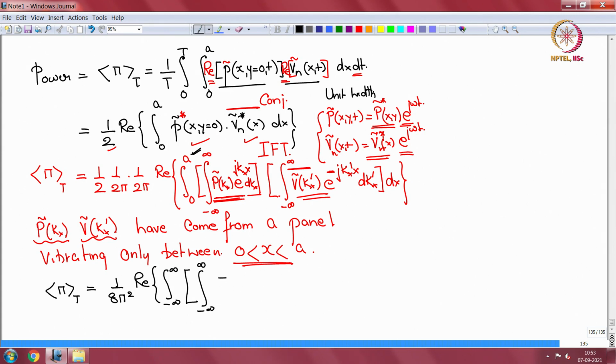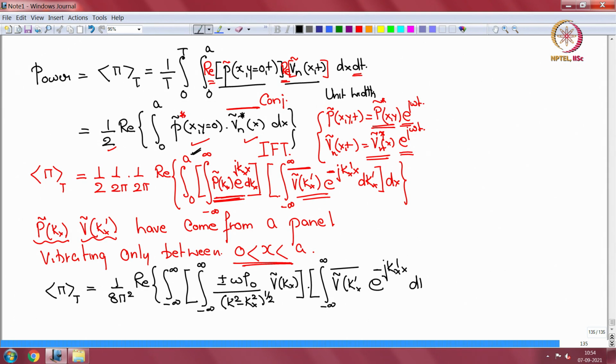Here I am replacing, this is where the earlier definition is used, omega rho 0 by k square minus kx square to the power half, v tilde of kx, into integral minus infinity to infinity, v tilde kx dash conjugate, e to the power of minus j kx dash x dkx dash into dx.